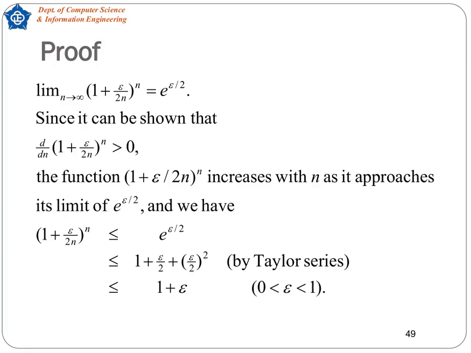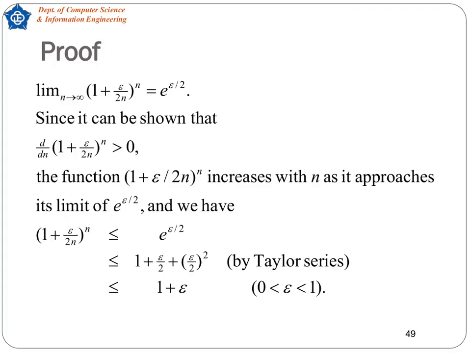Finally, we invoke the Taylor estimate for the exponential function. Whenever |x| ≤ 1, e^x ≤ 1 + x + x². Substituting x equals ε/2 gives e^(ε/2) ≤ 1 + ε/2 + (ε/2)².